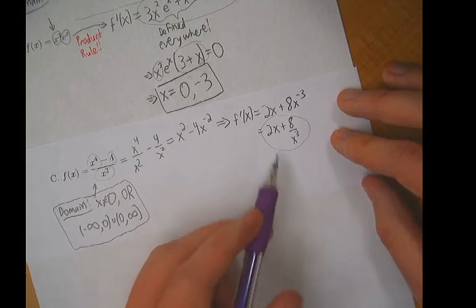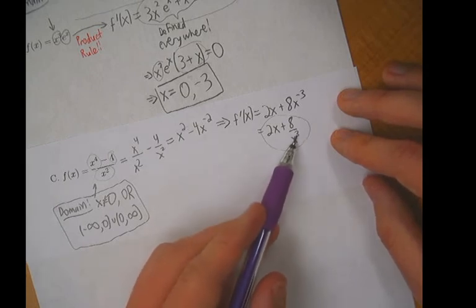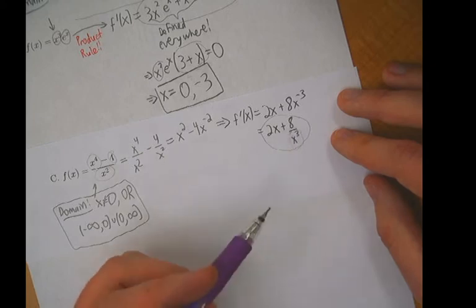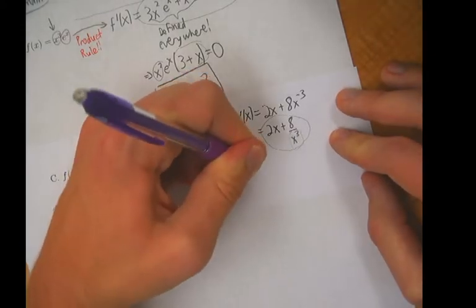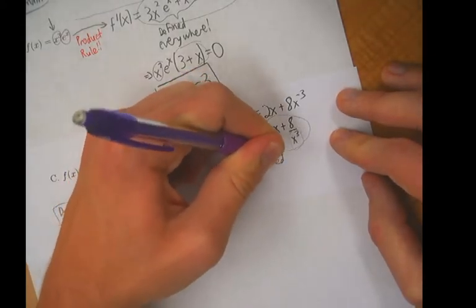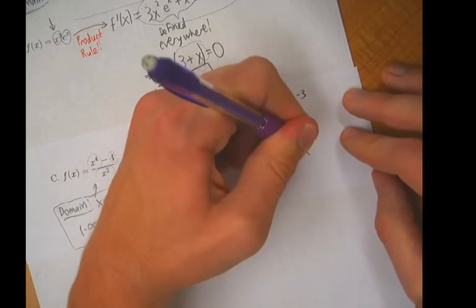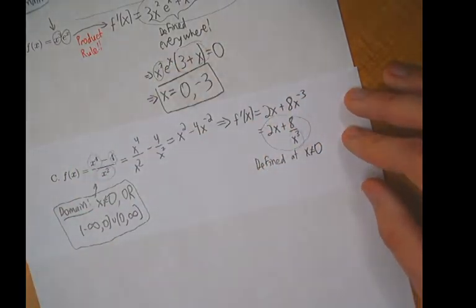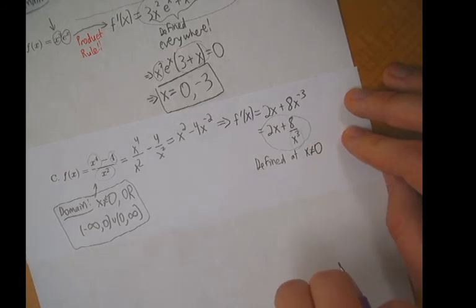If we take a look at this, like we had before, we can't divide by 0, so it's defined at x not equal to 0. But, oh wait a minute. Remember, the definition of a critical point said we have to focus on the values of x in the domain of the original function, right?